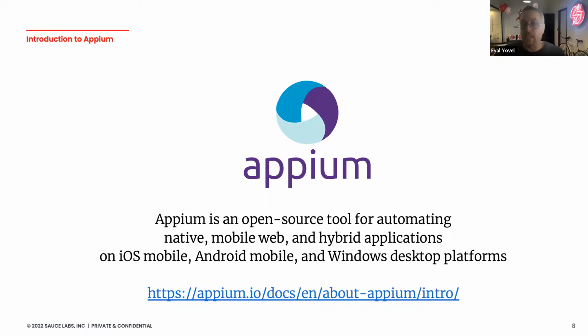We will discuss here more about Appium and iOS and Android, and less about Windows desktop, but it's possible. First, let's understand what is an open source tool, and after that, what are actually the application types that are mentioned here.